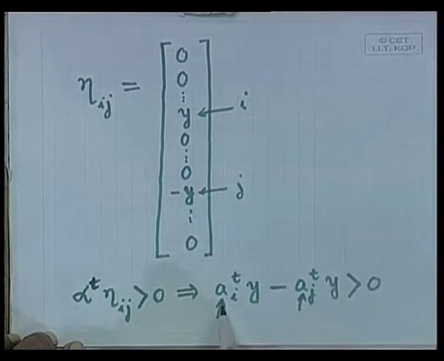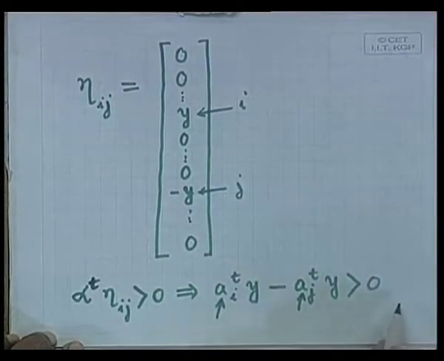That means a_i transpose y minus a_j transpose y must be greater than 0. If I find that this condition is not satisfied for any sample y, then I have to modify actually two weight vectors. Not only a_i, I also have to modify a_j, because both of them are responsible.